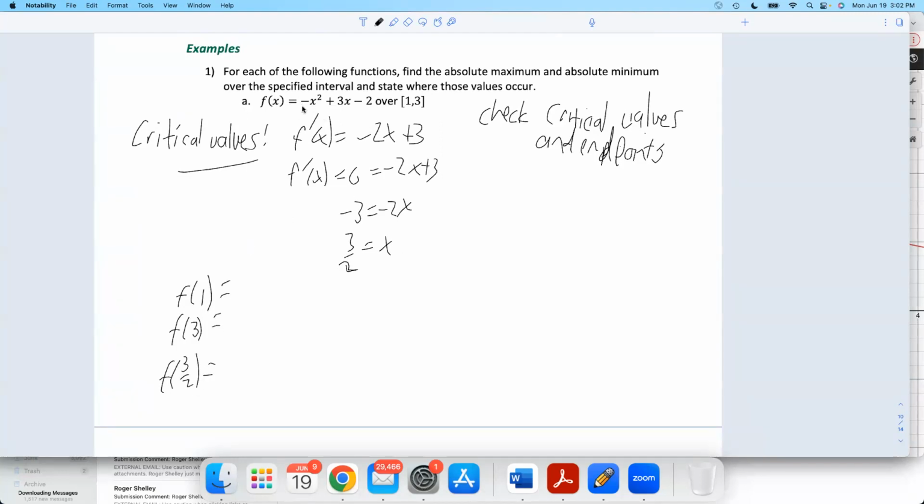I can probably do these in my head. That's going to be negative 1 plus 3. So that would be 2 minus 2, I get 0. Plugging in 3, I'm going to get negative 9 plus 6 is negative 3. Minus 2, I think we get negative 5. You guys definitely check my arithmetic here. And then 3/2, I'm going to get the calculator out.